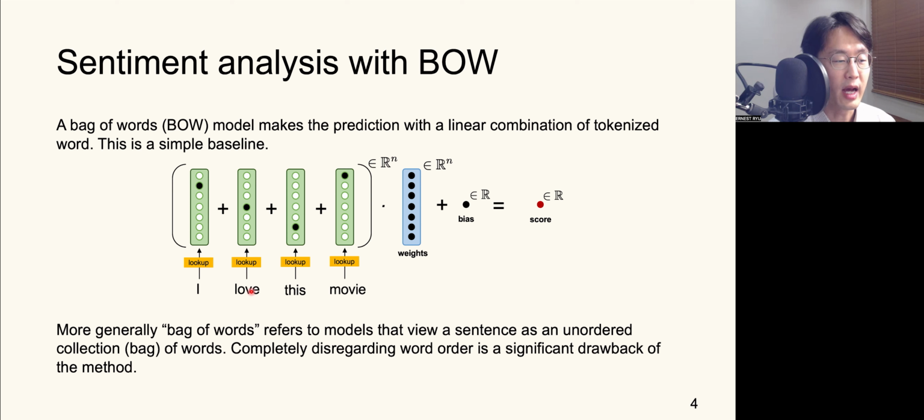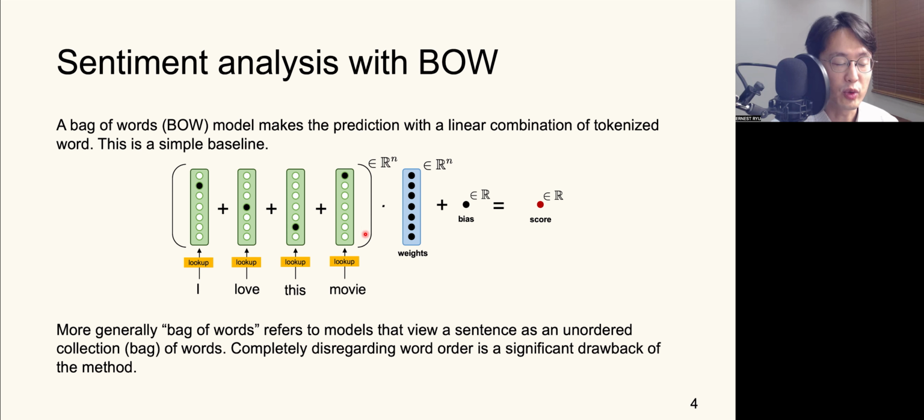So each word, based on its dictionary order, is assigned a position, a one-hot vector. And then for the bag of words model, you combine all of these words into their corresponding one-hot vectors. You add these vectors, and then you take an inner product of that added vector with a certain weight vector.